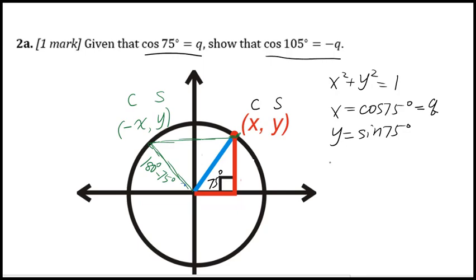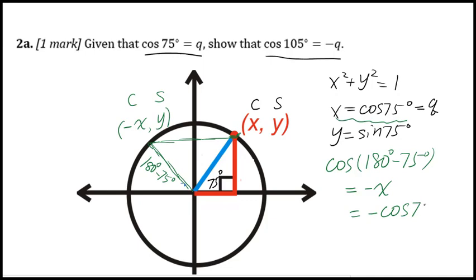In other words, I can get cosine 180 degree minus 75 degree equals negative x. Since x equals cosine 75, I can write down negative cosine 75 degree.